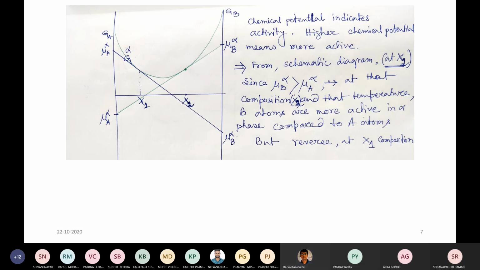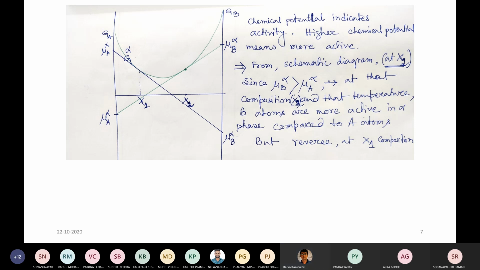Now we have to go through this plot. This kind of plot we have gone through a lot of times a few classes ago. Here the chemical potential actually indicates the activity. The more the chemical potential, the more active the material is becoming.